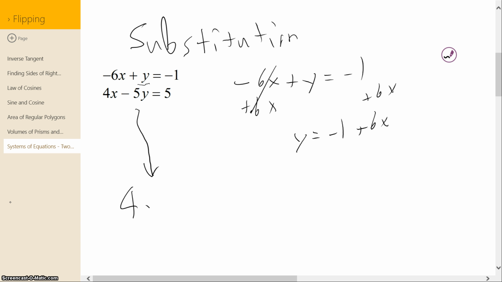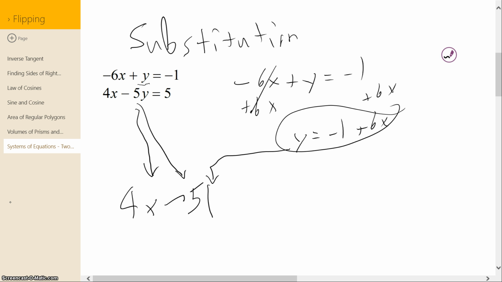I'm going to do 4x minus, and this is going to go right where y would be. So I've still got the 5 from up here. 5 times, instead of y, I'm going to put down what y is equal to, which we said is negative 1 plus 6x, equals 5.